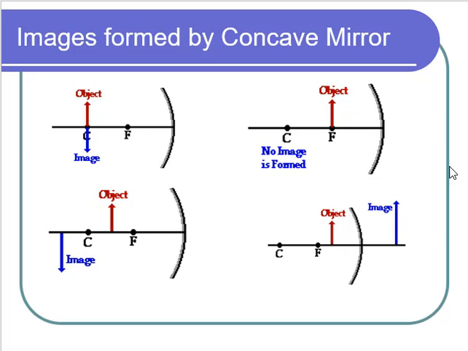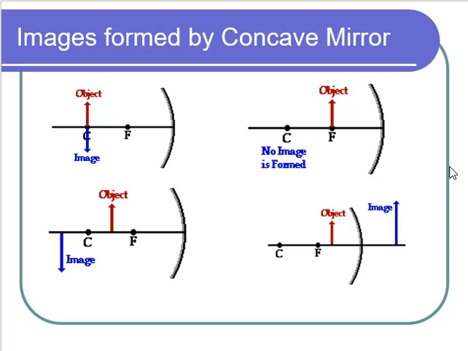Okay, now what I want you to do is try tracing the rays using this. So if the object is located at point C, the image is expected to be a real image, and also at point C. If the object is in between C and F, the image is expected to be magnified, and also it's beyond C and it's inverted, therefore it's real.